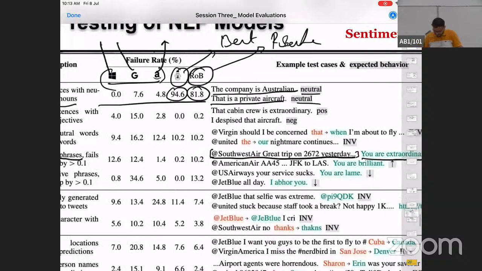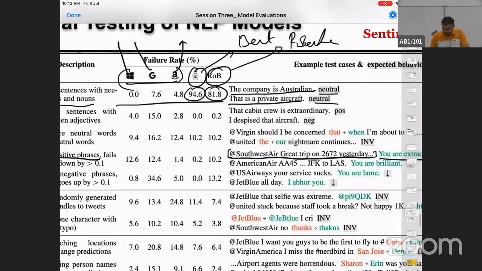But how are the models performing? In this case, consider the problems with these two models, the Microsoft model and the Google model. They have almost 10% failure rate, so they start treating this as more neutral or negative. Again, to some extent, at least this is fine.